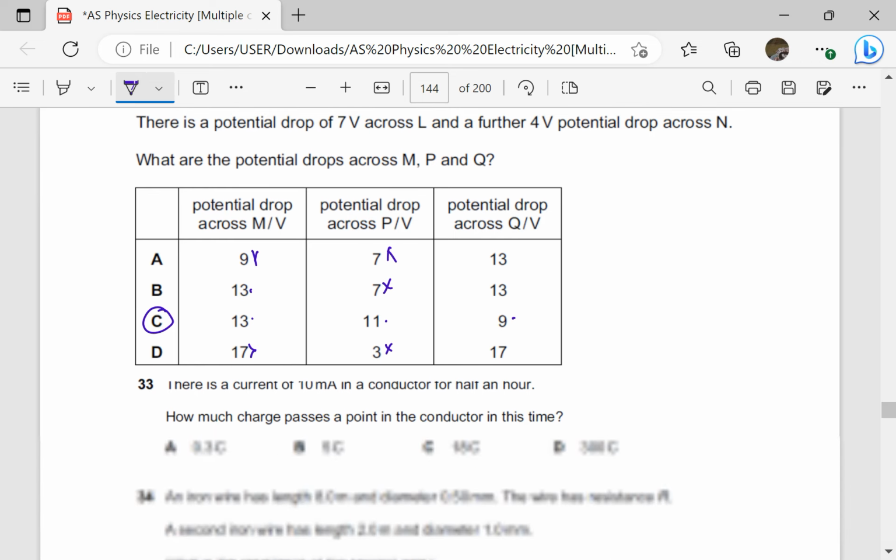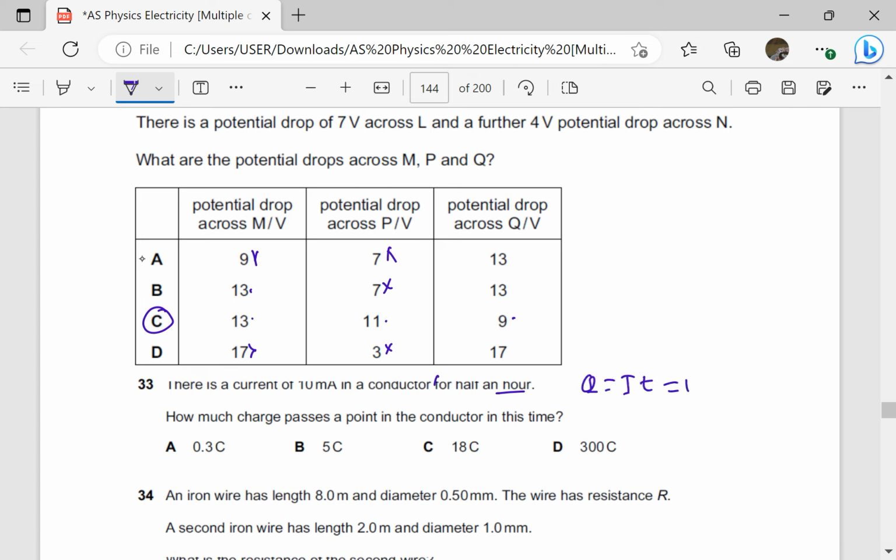There is a current of 10 milliamperes in a conductor for half an hour. How much charge passes a point in the conductor in this time? Note that charge is equal to current times time.